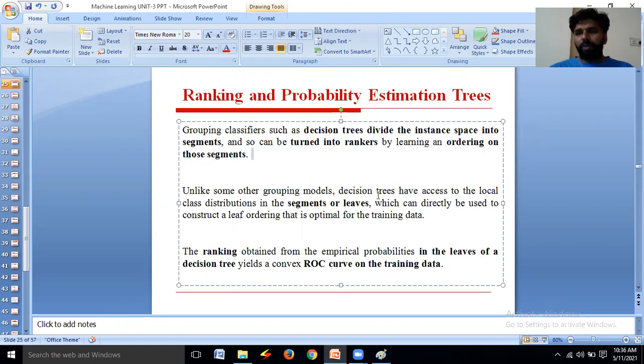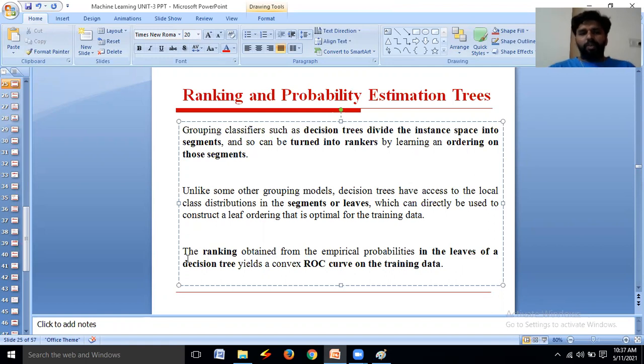I already explained how to calculate a ranking for a feature. And unlike some other grouping models, decision trees have access to the local class distribution. Those are called segments or leaves, which can directly be used to construct a leaf ordering that is optimal for the training data.